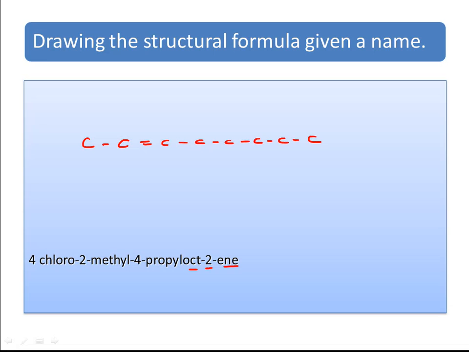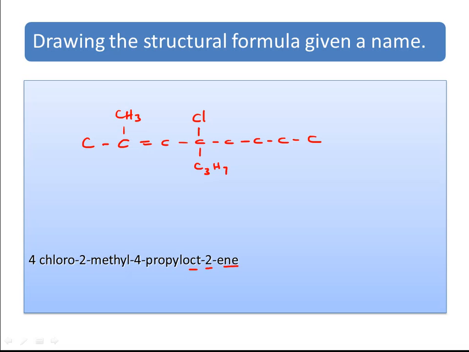And on carbon number 2, I've got a methyl group. And on carbon number 4, I've got a chloro. And on carbon number 4 again, I've got a propyl group, which is C3H7.